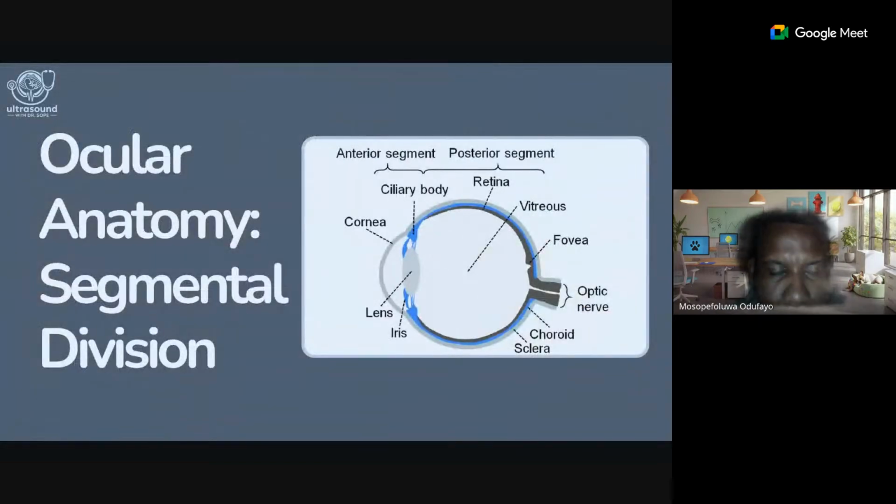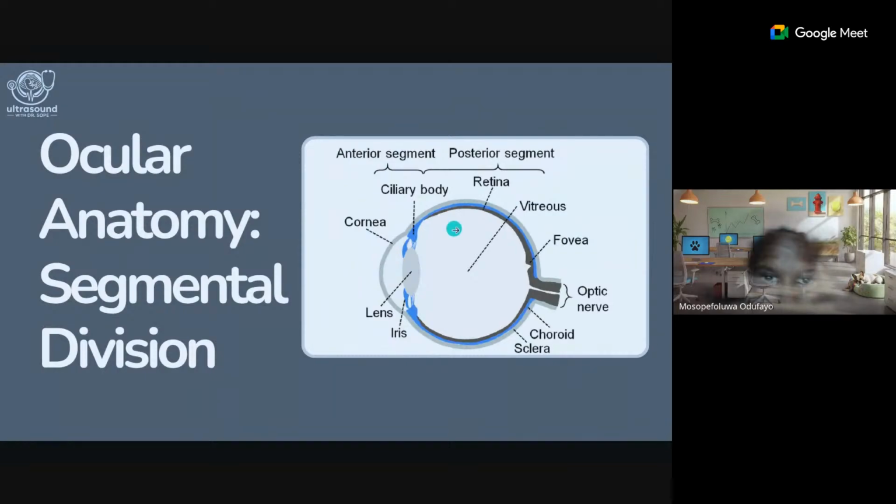So let's talk about the segmental division first, and then we proceed to the other side. As you can see here, this is a visible demonstration of the segmental division. Here we have the anterior segment and the posterior segment.